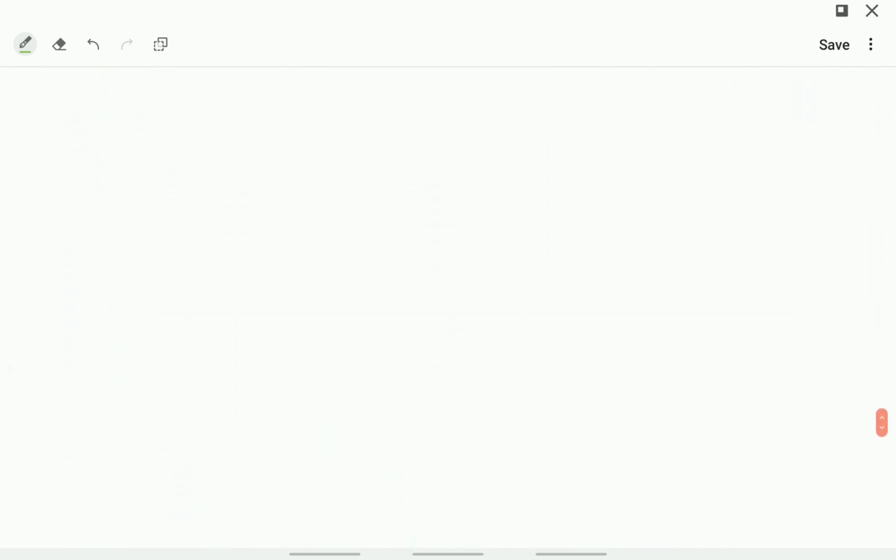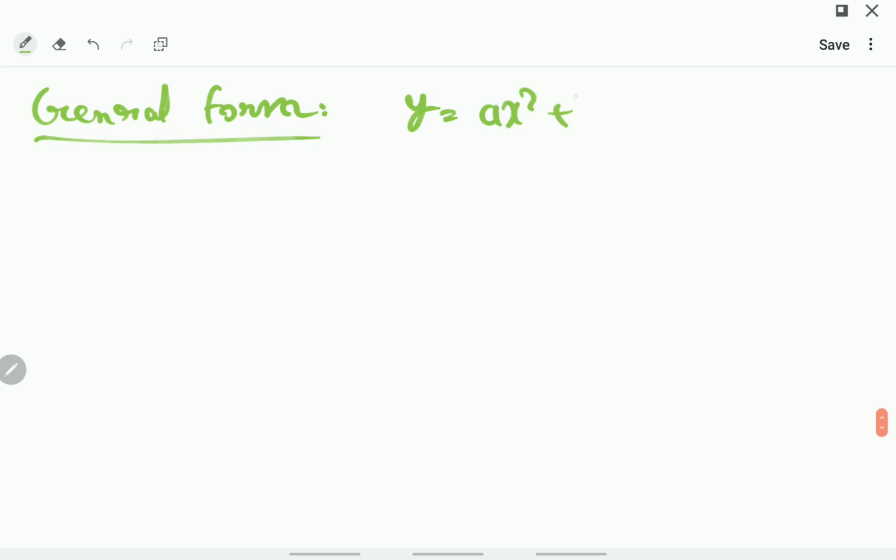Now let's move on. Let's look at vertical translations. I'm actually not bothered to show you guys vertical translations now. So let's move on to y is equal to ax squared plus bx plus c.